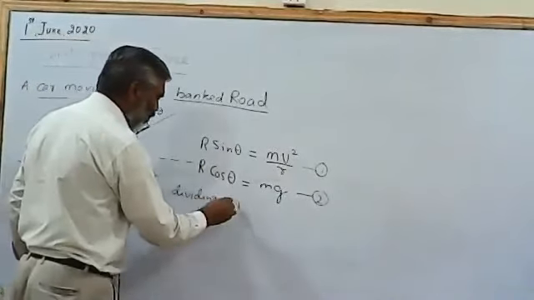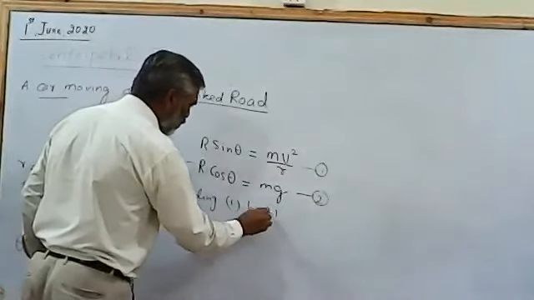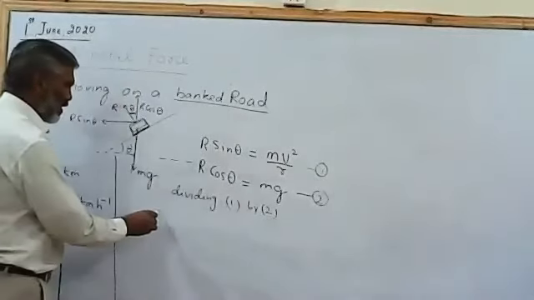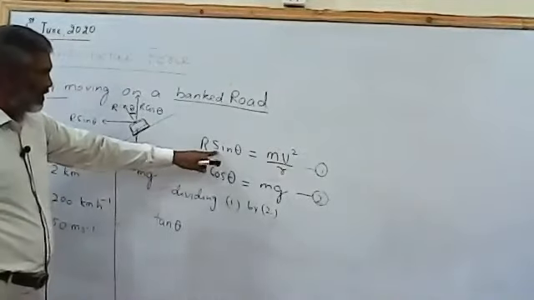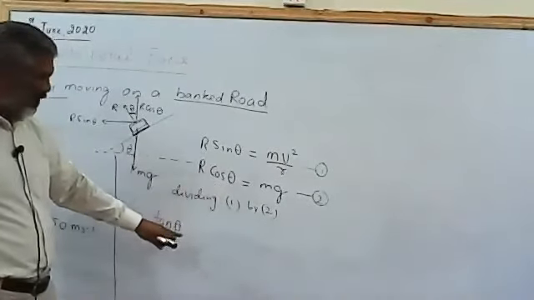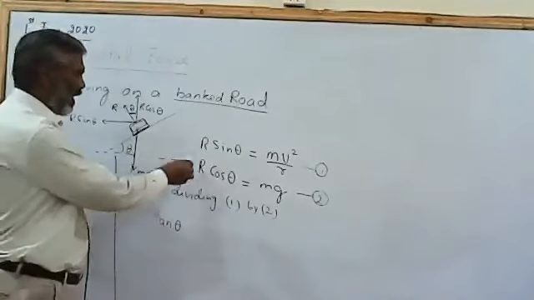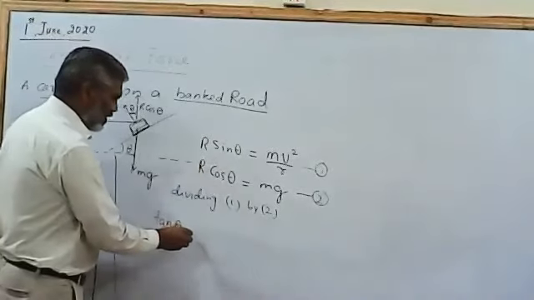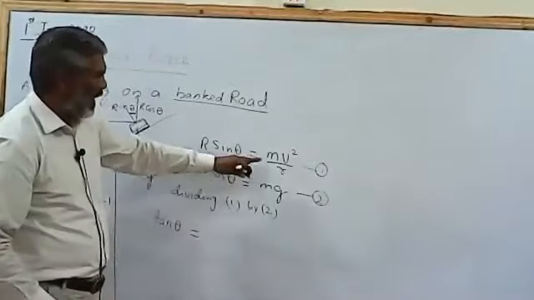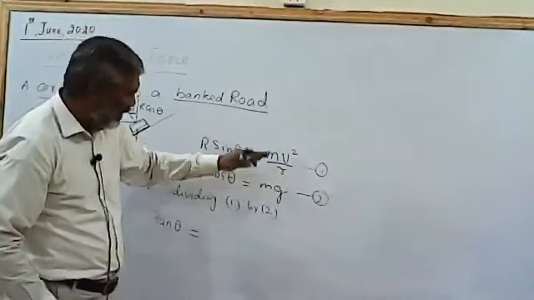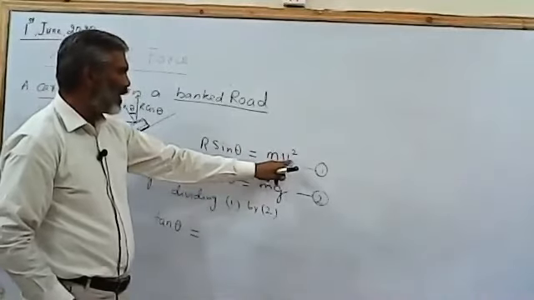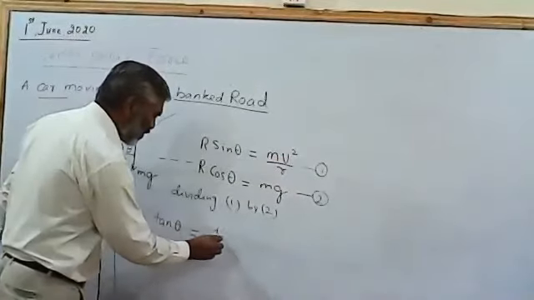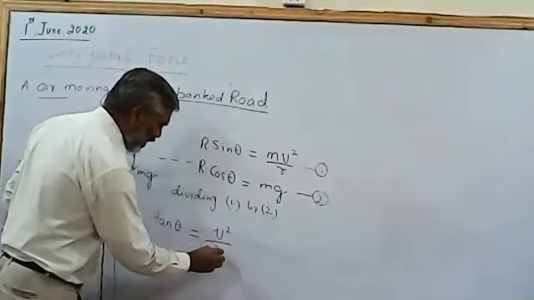divide equation 1 by 2, which gives us tan theta, because sin theta over cos theta equals tan theta, and R will get cancelled. On the right hand side, mv square over R divided by mg means m will get cancelled, leaving v square over rg.